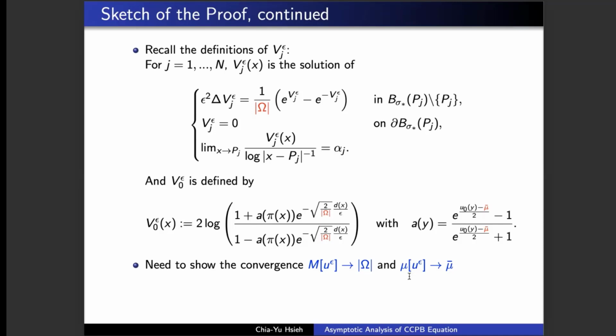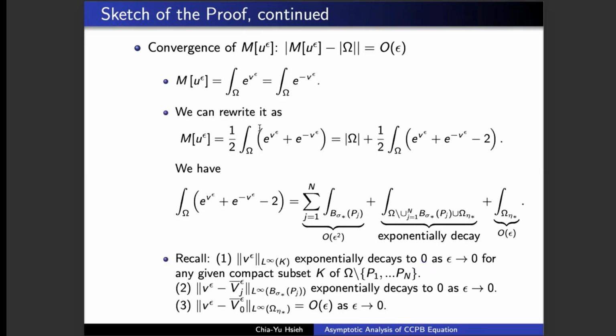If we can prove these two convergences with some error control, then we can replace the approximation function V bar to V, with m and mu replaced by the measure of omega and mu bar. So it's the last step that we want to show the convergence of m and mu.